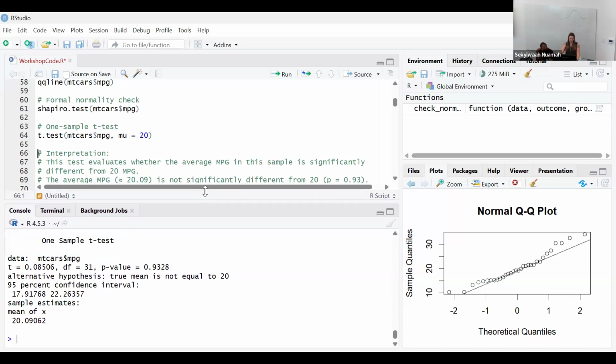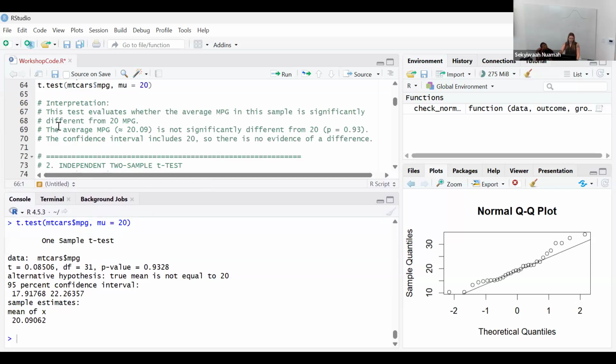Okay, let me pull that up a little bit. For our t-test, we got a p-value of 0.9328. So that means we do not reject the null. So that means the true mean is not equal to 20.